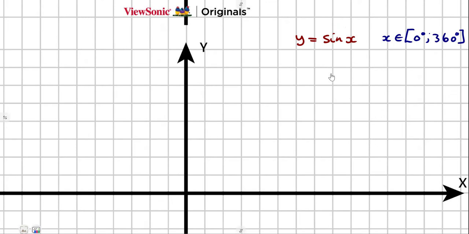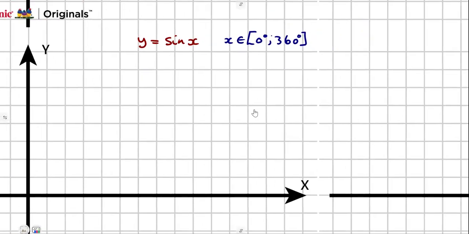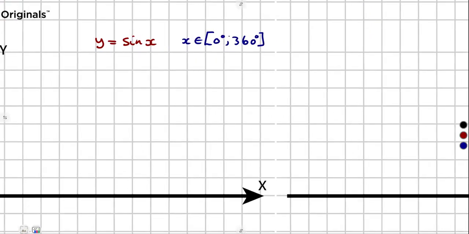So the graph of a sine and the graph of a cos, I need us to understand those two. If we are to sketch this graph, it has a spacing of 90 degrees. The basic graph of a sine of x has no effect.